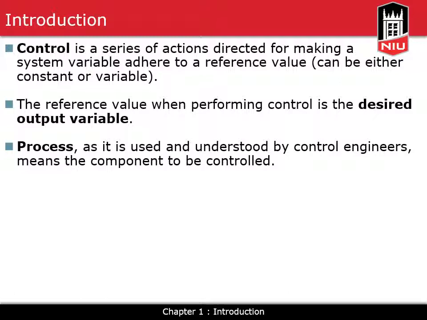So in our example, if we want to control the temperature in the room, we have a desired value for that temperature. Say we want to keep the temperature at 74 degrees Fahrenheit, and that would be our desired value of the output, or also referred to as the reference input.